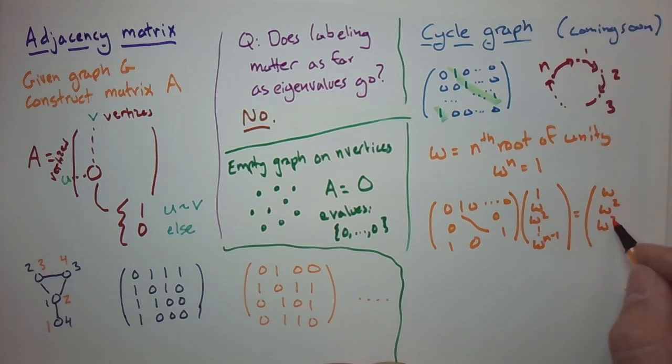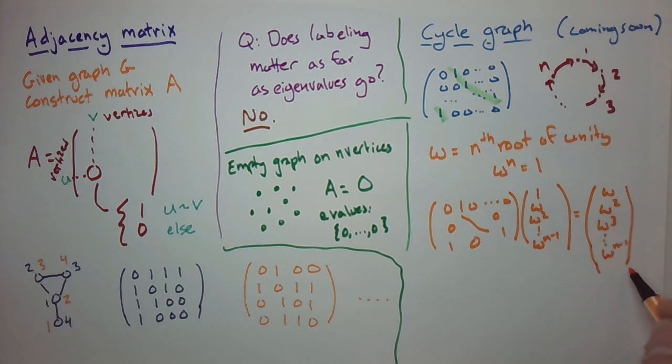The next entry? Omega cubed. Essentially what's happening is you're handing off the values. That's actually what's happening. Down at the penultimate one, a very fun word to say, it's omega to the n minus 1.